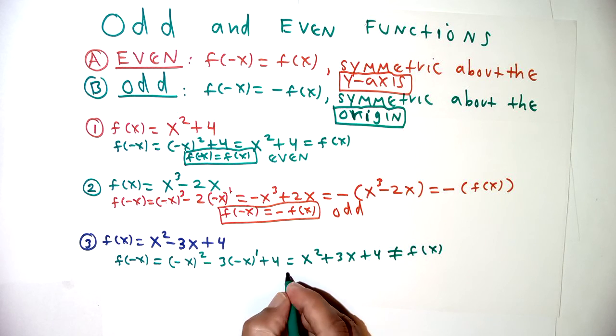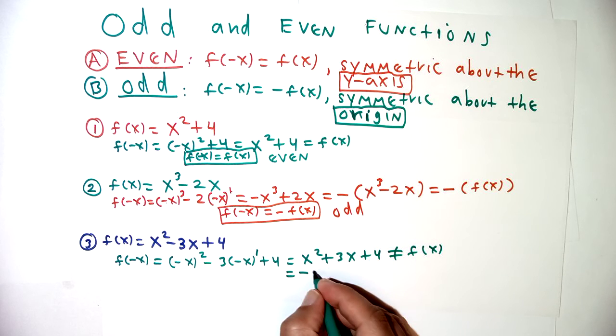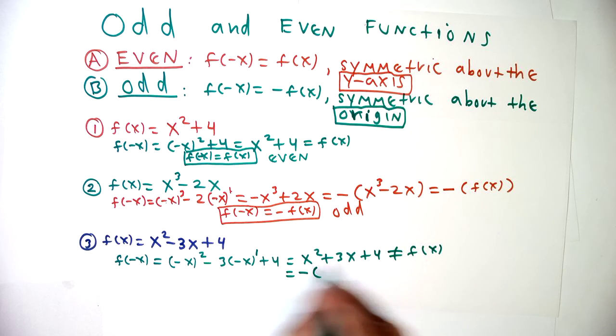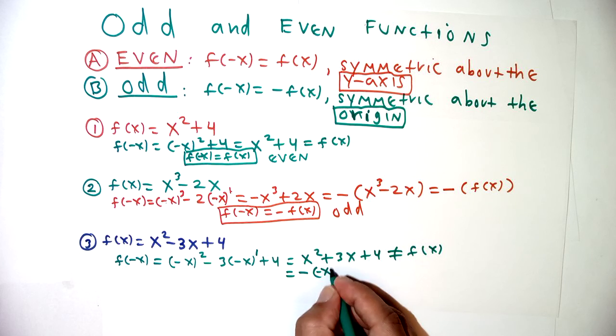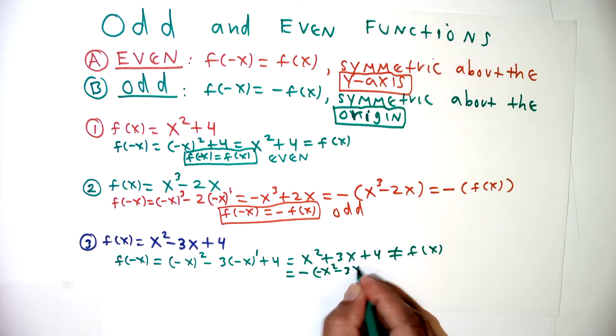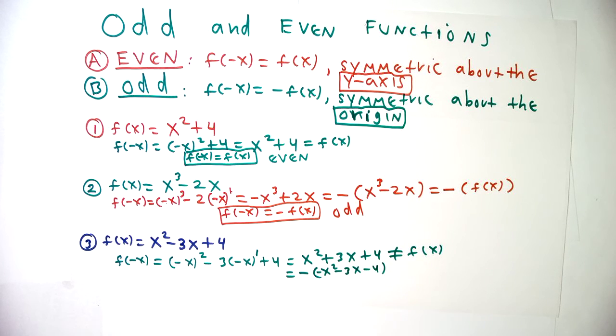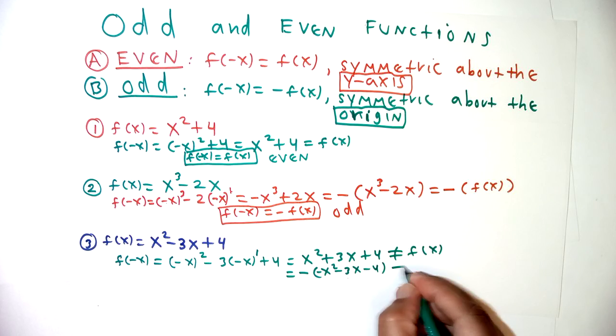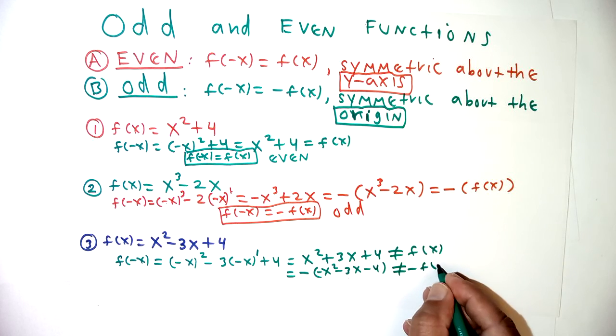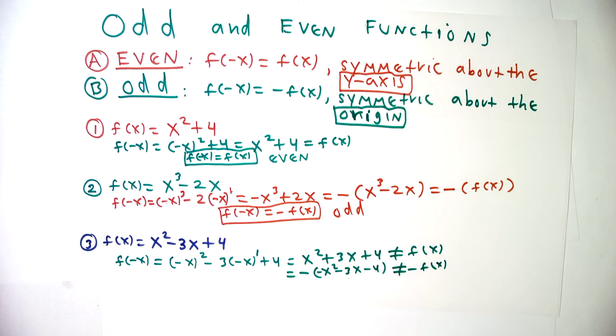But what is the next thing that we're going to do here? We're going to factor out the negative sign. Now you do the opposite of everything you see here. So you get negative x to the second minus 3x minus 4. And once again, is this here the original? No, it's not. So it's not equal to negative f of x. So that implies that this is not odd.